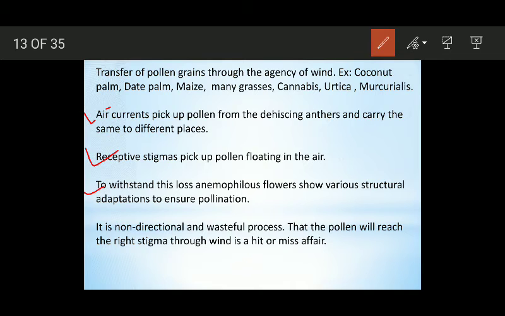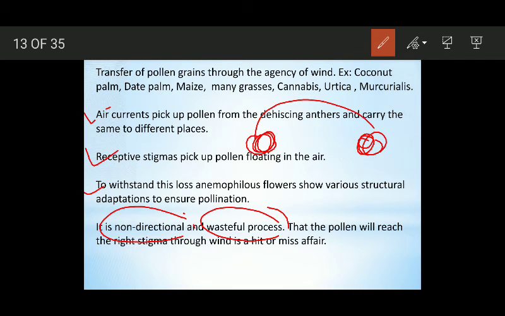Anaemophily is a non-directional and wasteful process. You know that a lot of pollen grains are lost in transit. It is a non-directional process. Non-directional means if this is a flower, this is another flower, pollen grain gets transferred from anther of this flower to the stigma of that flower. The pollen grain can also get transferred from anther of this flower to the stigma of that flower.